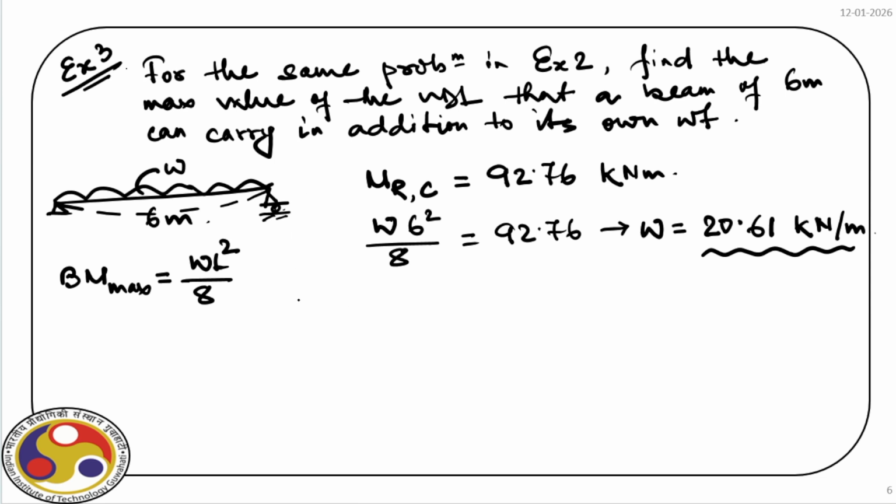Now it has a combined action of UDL coming from the external force and the weight of the structure. So we know the cross section, which is 200 millimeter, and density of the concrete, reinforced concrete, is 25 kilonewton per meter cube. It is given in IS 456 2000.